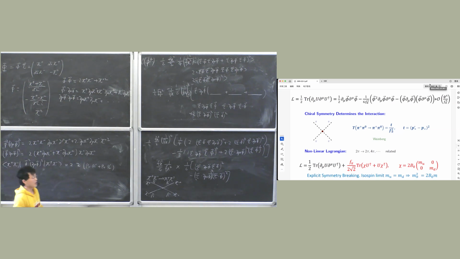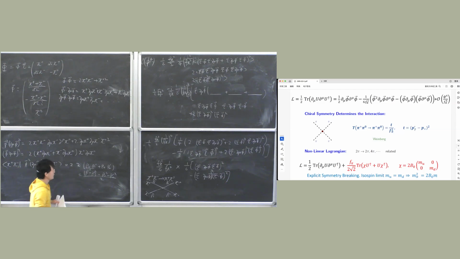Because the final expression is in terms of the Mandelstam variable t, defined as p prime minus p squared. So we know that this one is equal to p0 squared plus p0 prime squared, and so, it's p0 minus p0 prime squared minus p0 squared minus p0 prime squared, over 2.